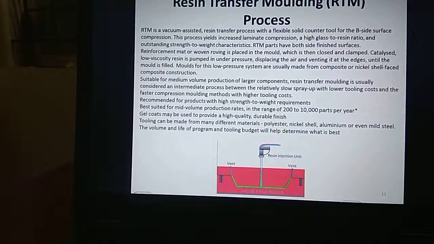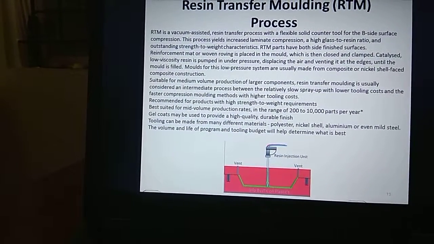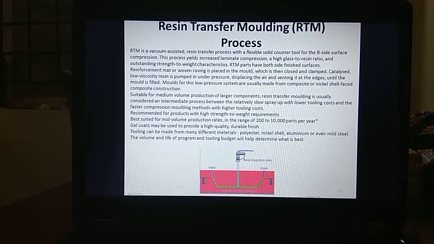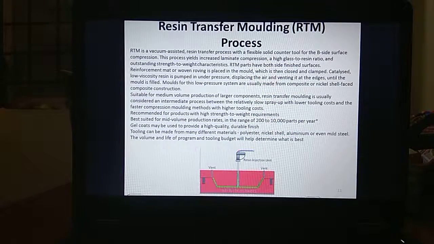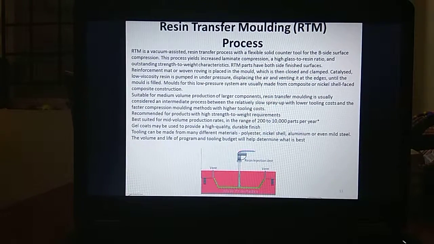So let us look at resin transfer molding in more detail now. Resin transfer molding is also known as the RTM process. RTM is a vacuum assisted resin transfer process with a flexible solid counter tool for B surface compression.